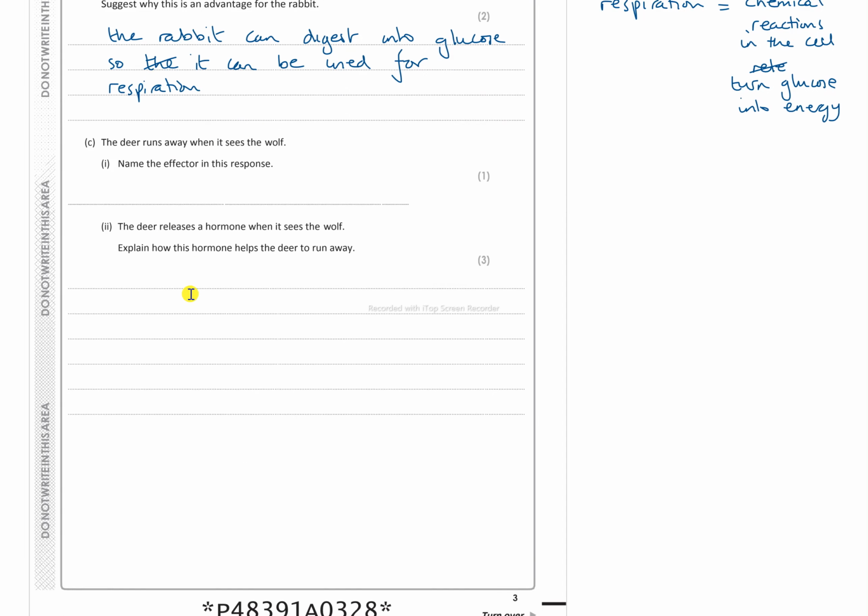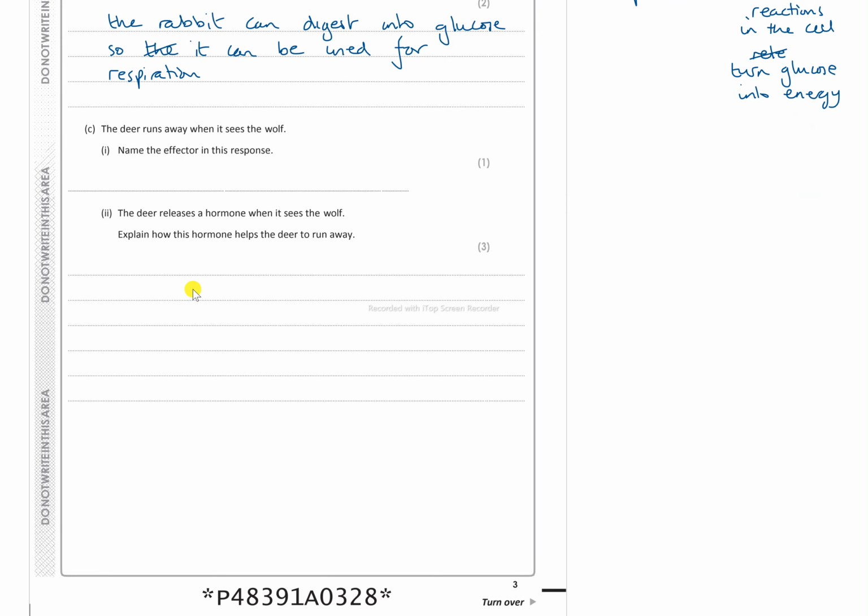Okay. When the deer runs away when it sees the wolf, the effector is the muscle. That's the thing that it uses to run away. The deer releases a hormone when it sees a wolf.